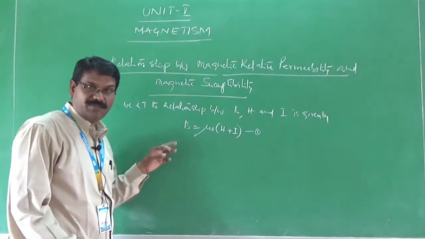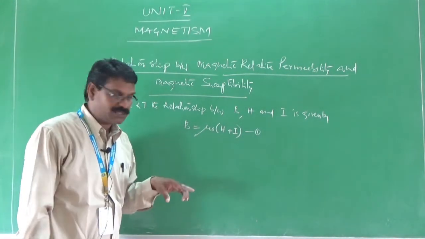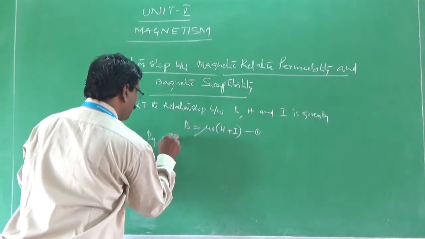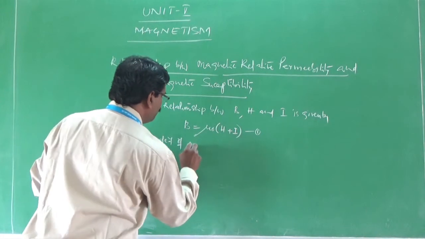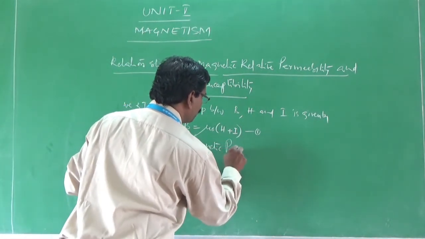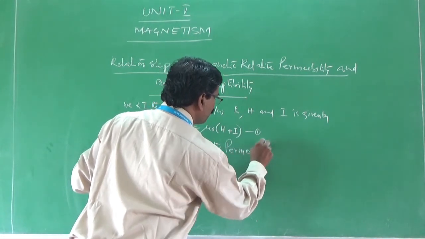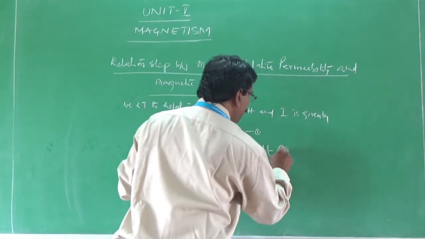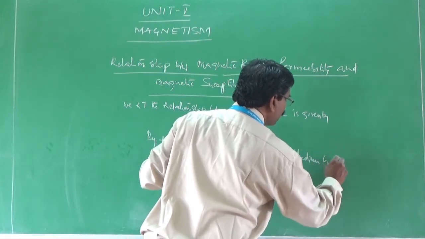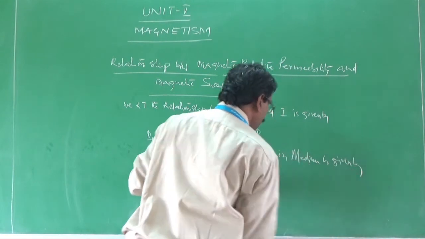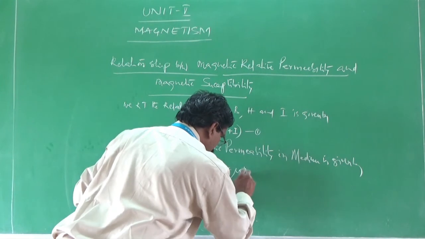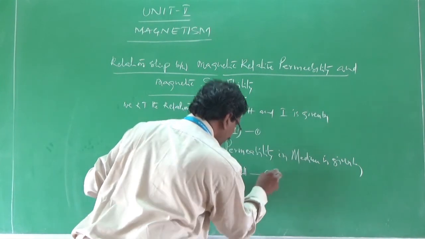Now, by definition, magnetic permeability in medium is given by B is equal to mu H. I can call it equation 2.